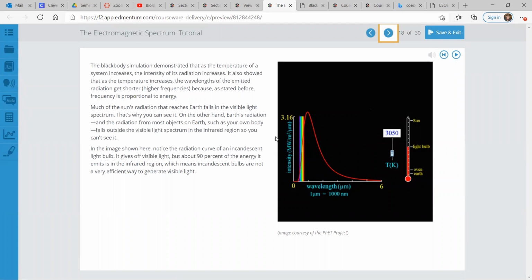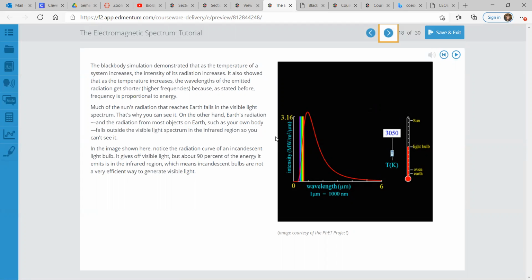The black body simulation demonstrated that as the temperature of a system increases, the intensity of its radiation increases. It also showed that as the temperature increases, the wavelengths of the emitted radiation get shorter, with higher frequencies, because as stated before, frequency is proportional to energy.